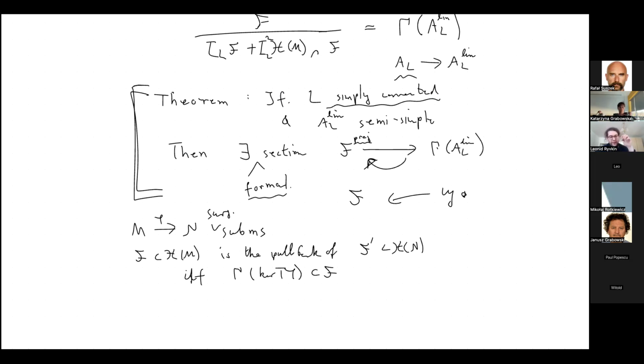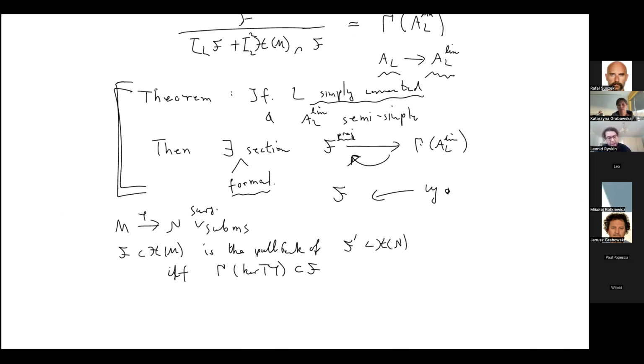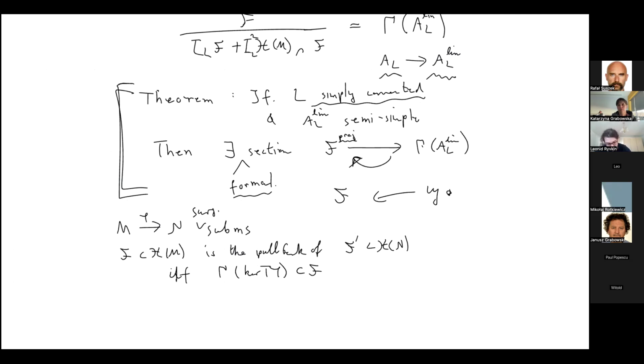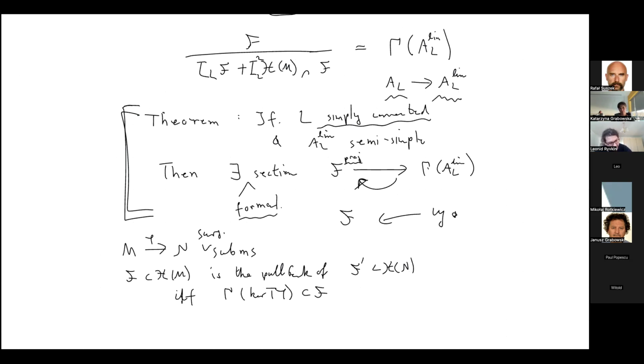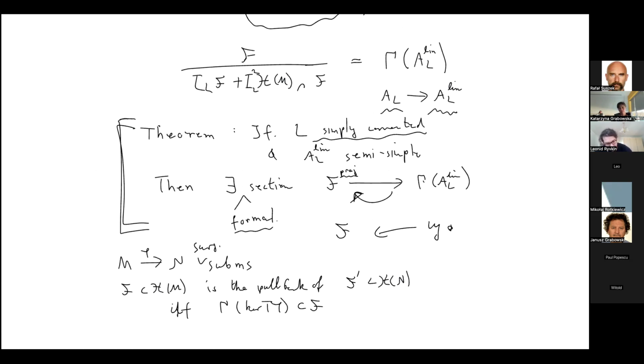I think certain things about this linearized holonomy Lie algebroid become a little bit simpler because you know that the semi-simple part is in the linear part. You know that this is nilpotent, the fiber of the map from A_L to the linearized one. So it does help at certain points.